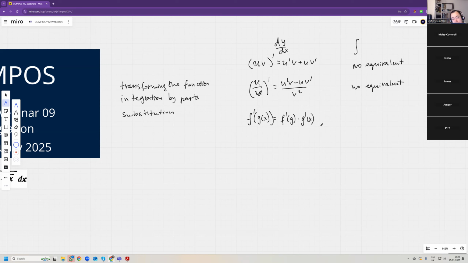That's the chain rule. There is an inverse chain rule, but it is a very limited rule.